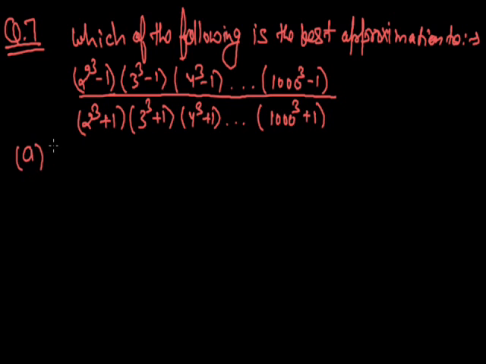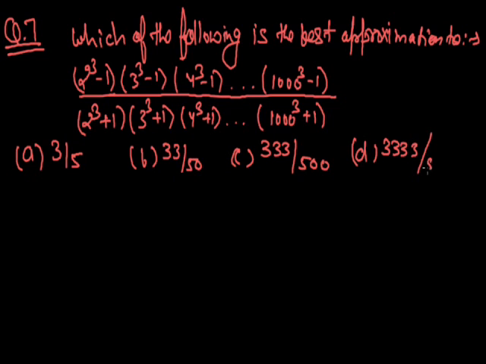And the options are: first 3 by 5, second 33 by 50, third 333 upon 500, and the fourth is 3333 upon 5000.